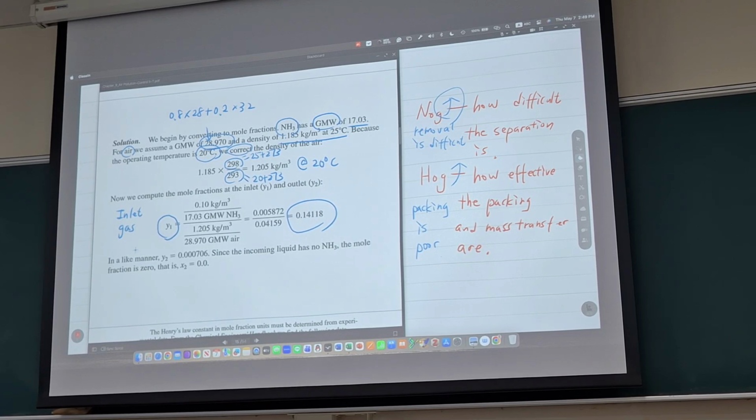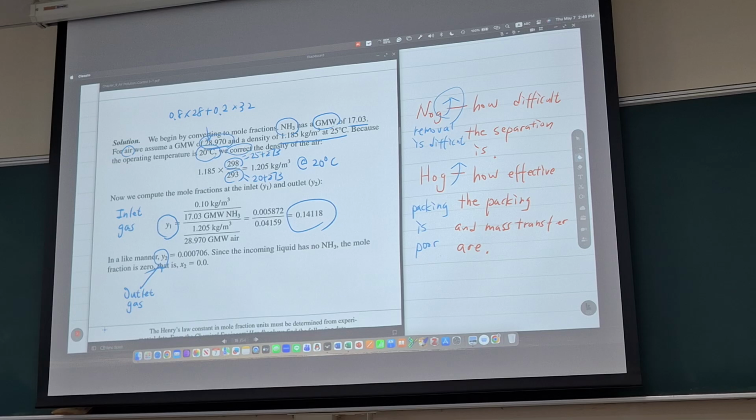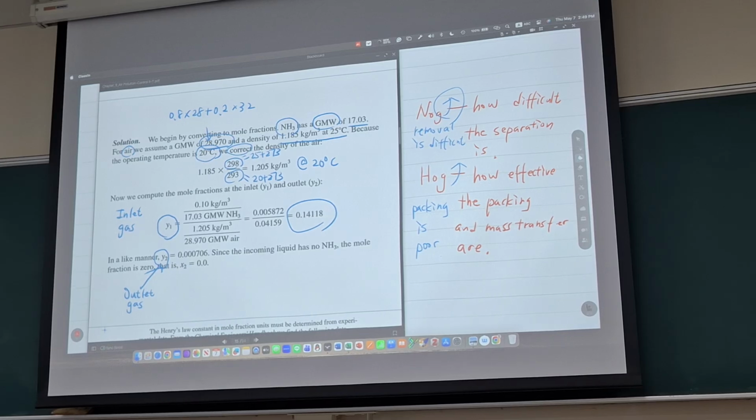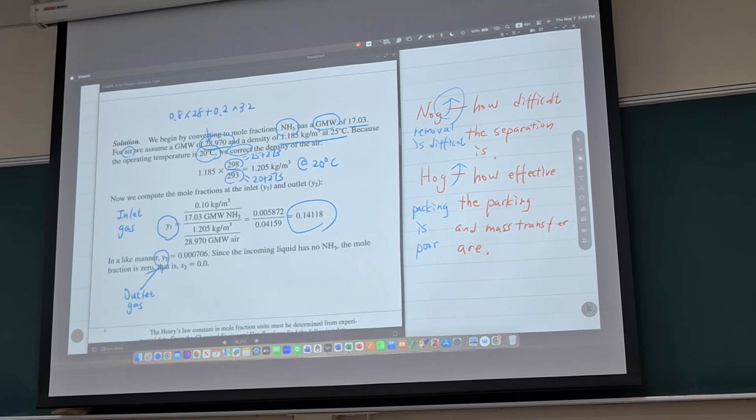In the same manner, we can find out Y2. Students, Y2 is for outlet gas. Put it down.